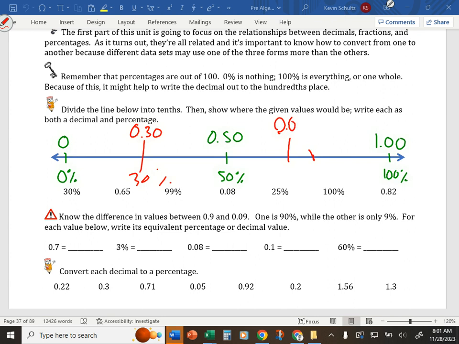Focus on your task up there. Come on, Matthew, you got this. It doesn't matter. There you go. 0.65, good.